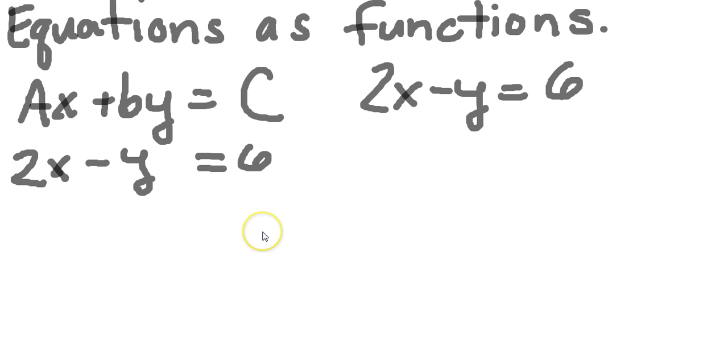So without even plotting it, we can say that this is a function because it's in that form, ax plus by equals c.